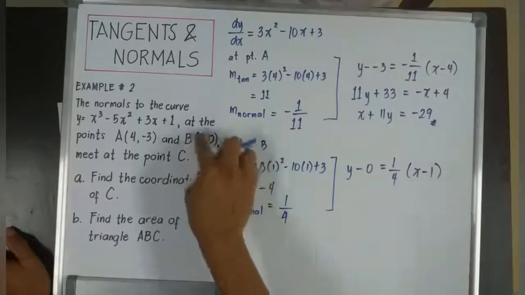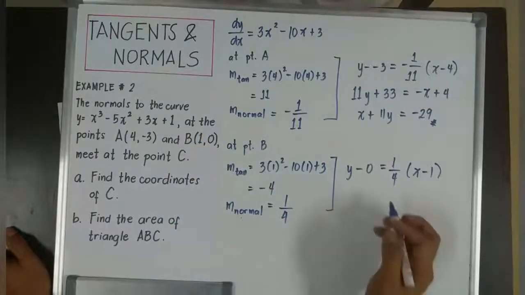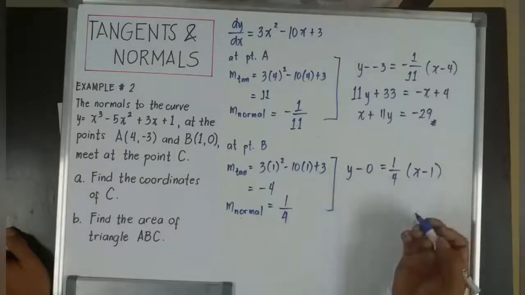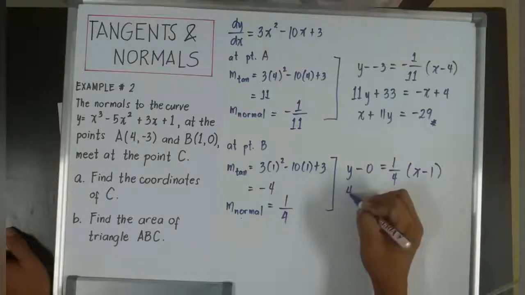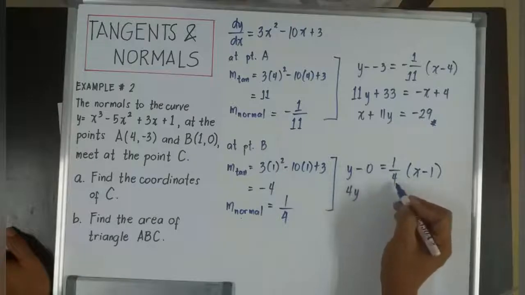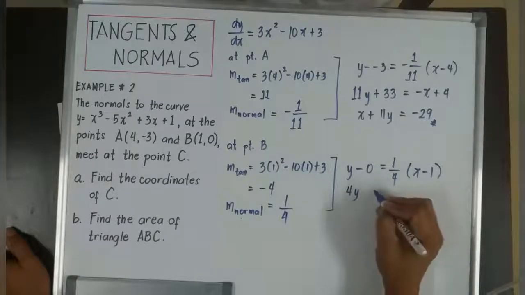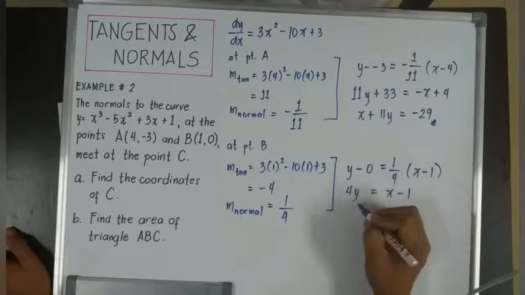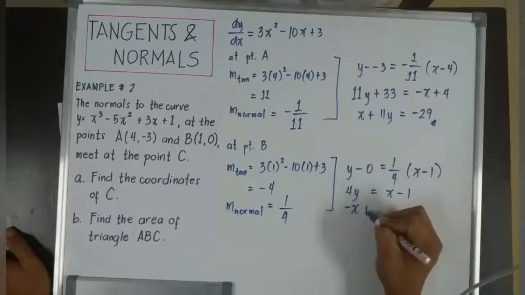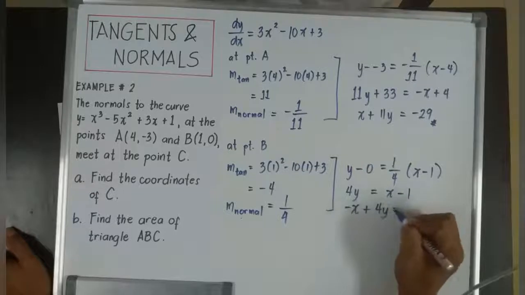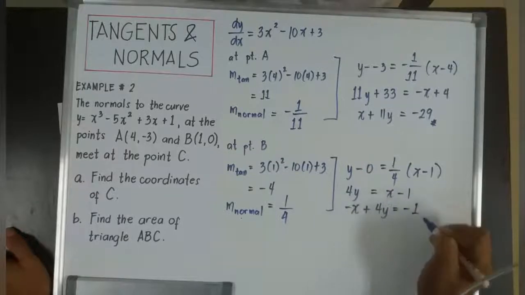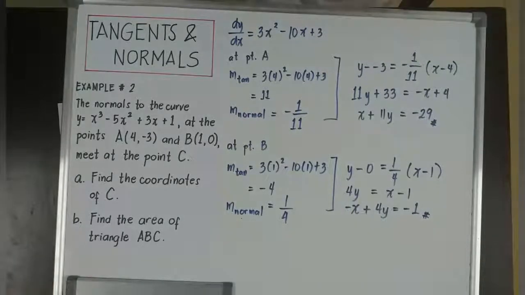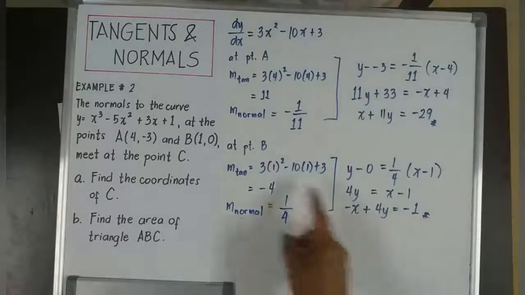We are doing point B. Multiply everything by 4. So it will become 4y. Negative 0 times 4 is 0, so no need to write. Then x minus 1. So therefore, this will become negative x plus 4y is equal to negative 1. This is now the equation of the normal at point B.